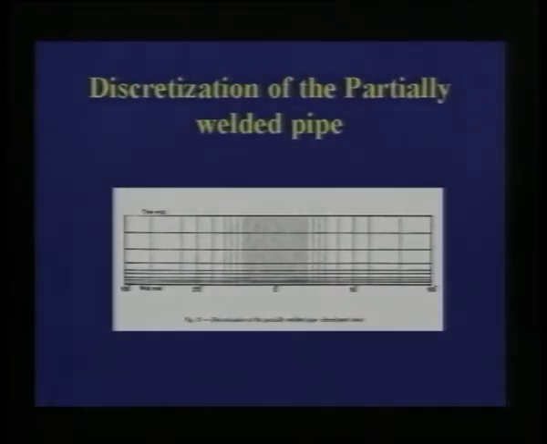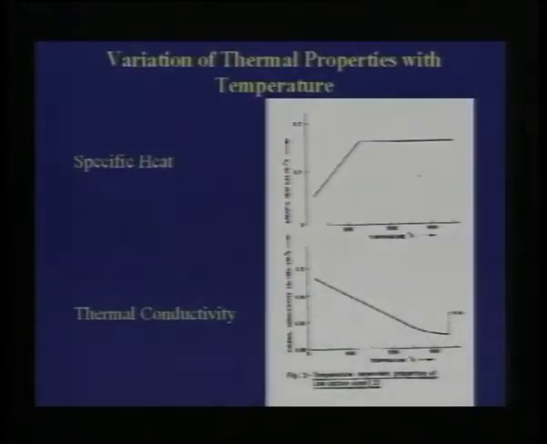At two places where it is being welded, you see that it has a very fine mesh, because the welding has both circumferential direction, as well as if necessary you can also study welding in the other direction as well. Now let us look at the next slide and see how the variation of properties are taken into account. Look at the variation of properties with respect to temperature, that has also been studied. Let us look at the next one.